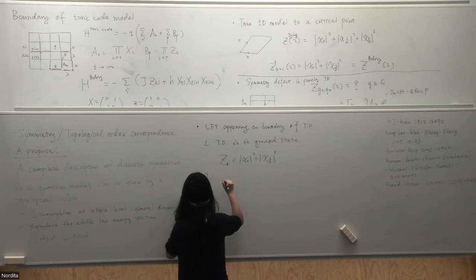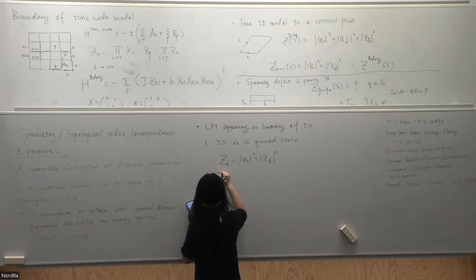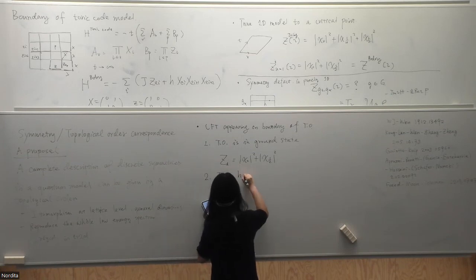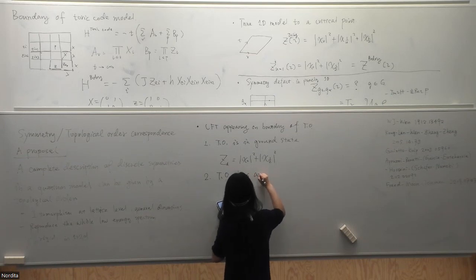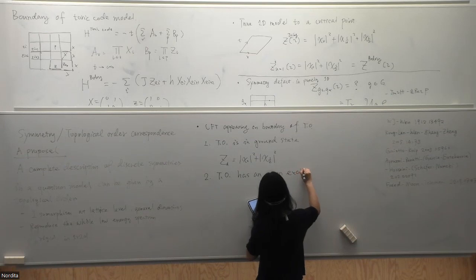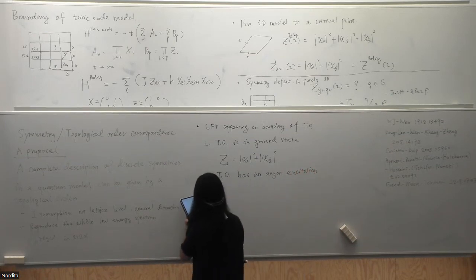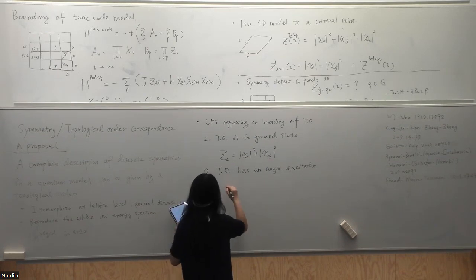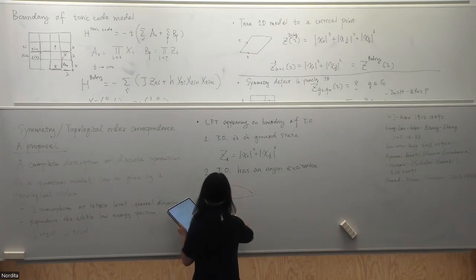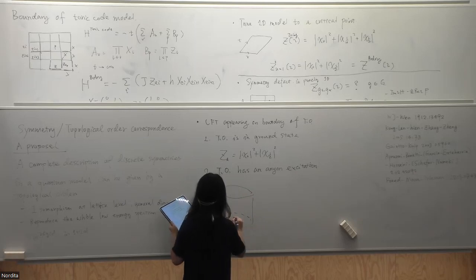Next, we want to consider whether the topological order has any excitations. Then the picture is like this. This is my 3D topological order bulk, and then I insert an anyon in the middle.